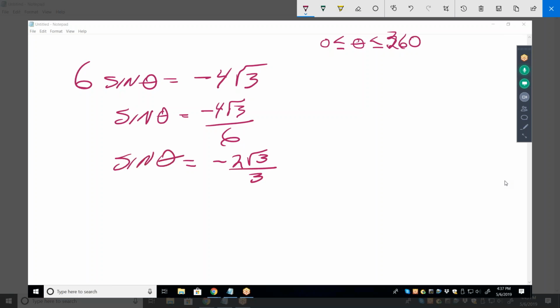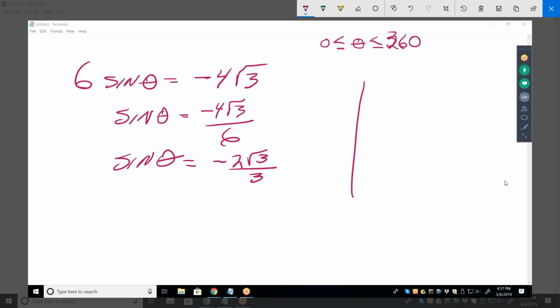Are we sure we got this problem right? Are you supposed to be able to use your calculator? Let me think about this for a moment.